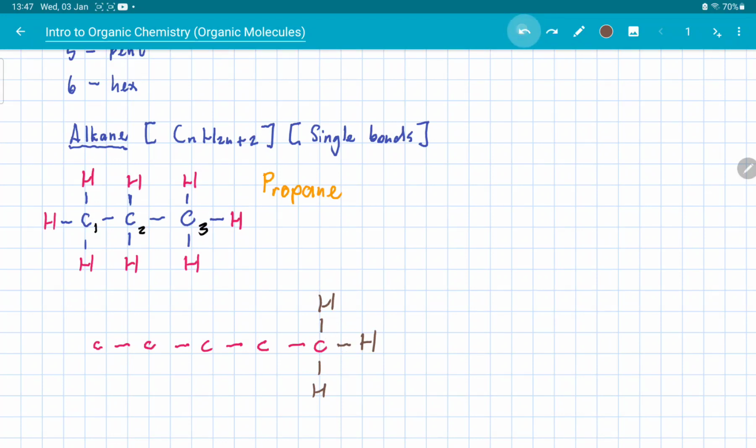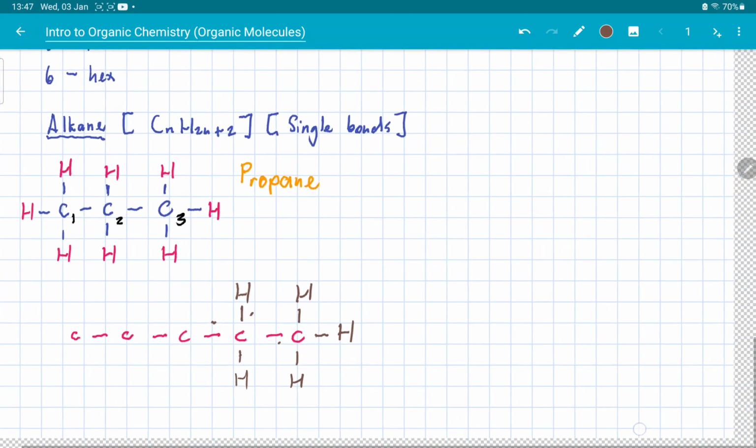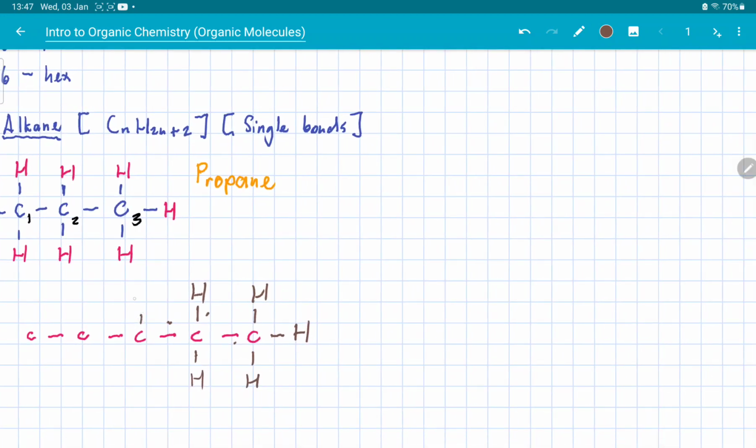In other words, it has a stable octet structure because 4 bonds mean 8 electrons. So lena yona 1, 2. Why yona? Because 1, 2, 3, 4 bonds around it. Same for lena. 1, 2, 3, 4 again.